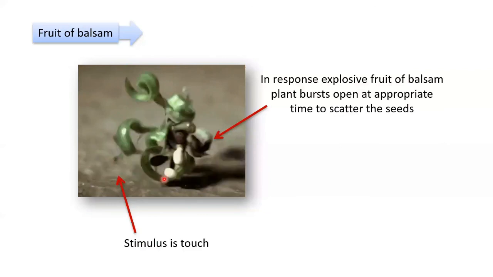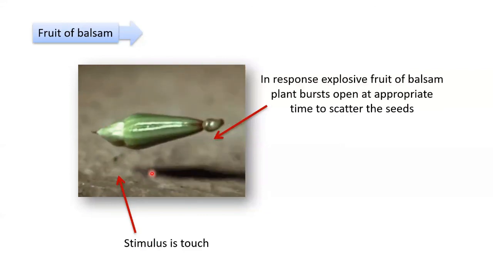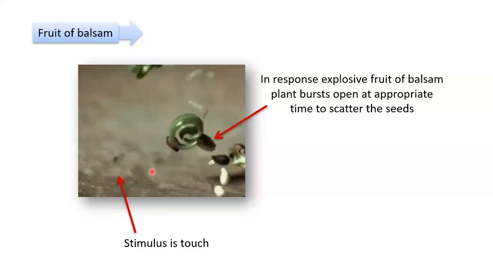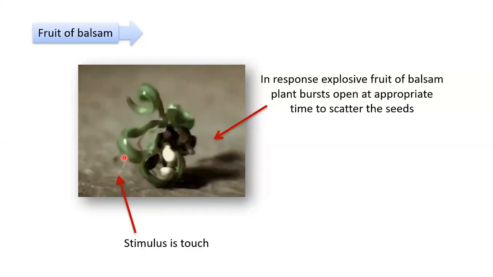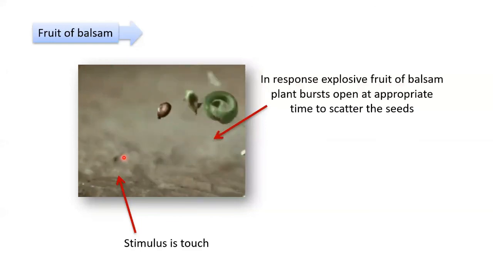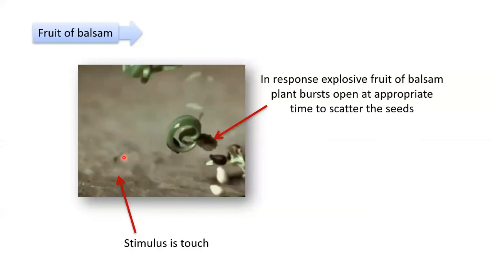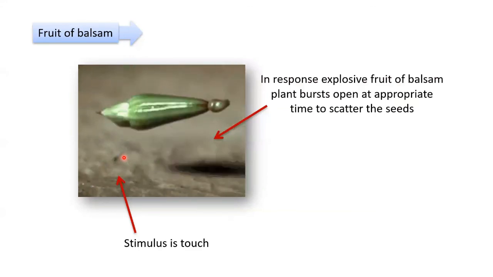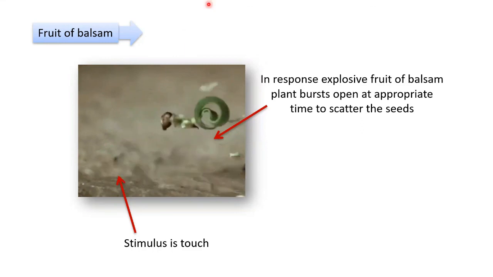So when it falls, it touches the ground, and it has a certain amount of kinetic energy. That kinetic energy, along with some of its potential energy, will combine to burst it open, which scatters the seeds which are present inside, which increases the likelihood for the seed to grow into a plant. I hope all of you have understood it well.